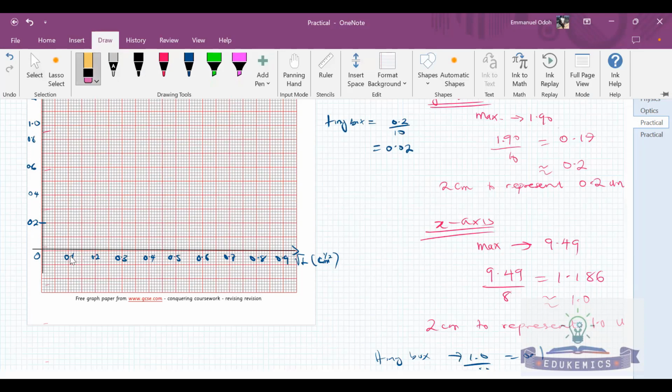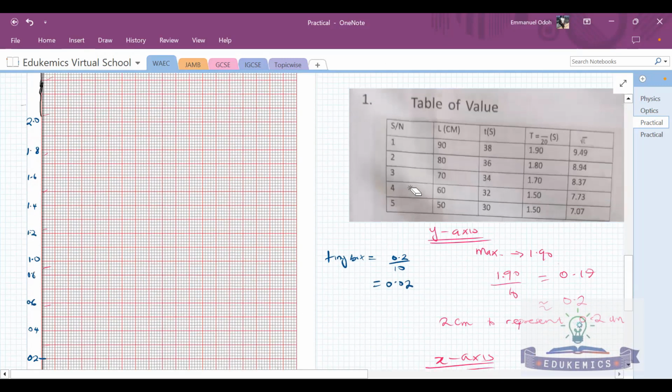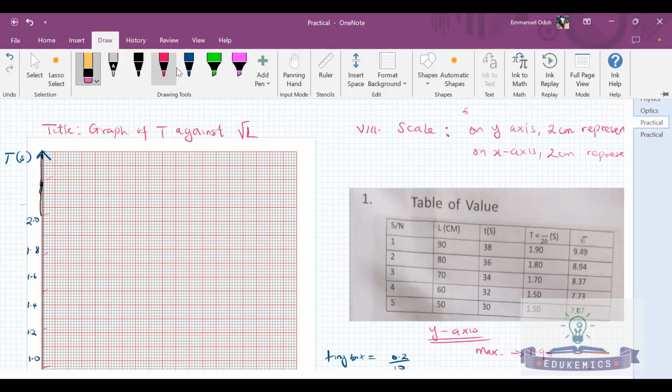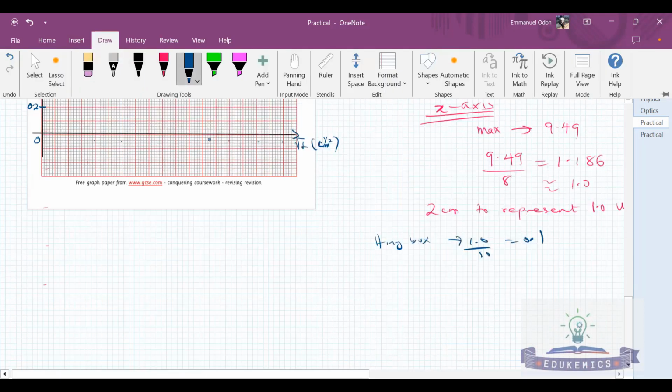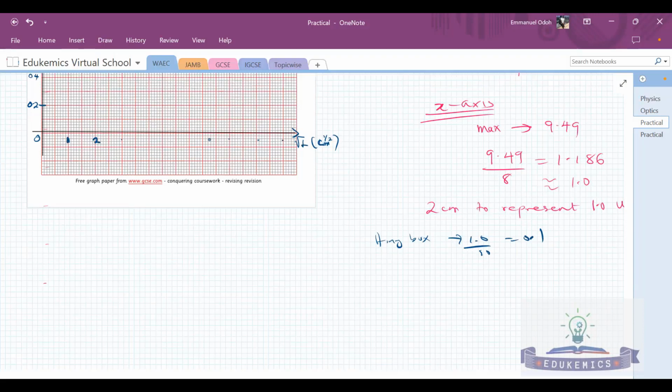For here, the scale is 2 centimeters represents 1 unit. So let's correct that. So we are writing 1, 2, 3, 4, 5, 6, 7, 8, 9.